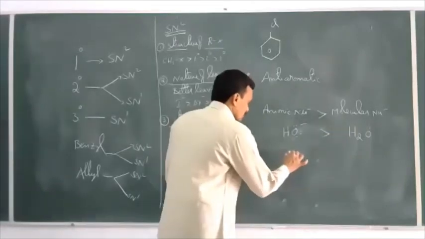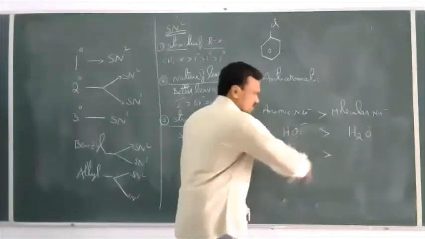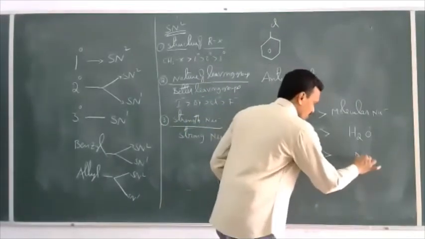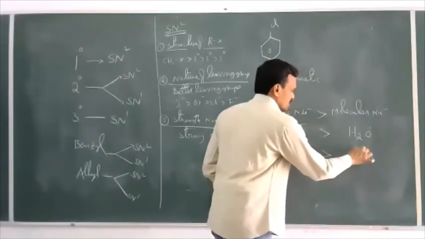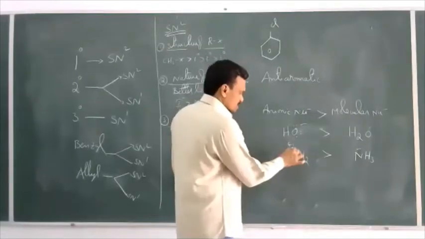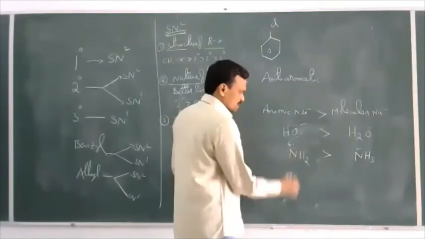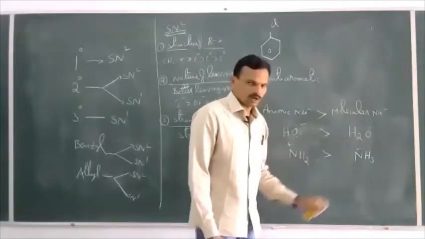Next, NH2⁻ is a stronger nucleophile compared to the ammonia molecule. Here nitrogen contains 1 lone pair, whereas this nitrogen contains 2 lone pairs of electrons. So NH2⁻ is a stronger nucleophile.